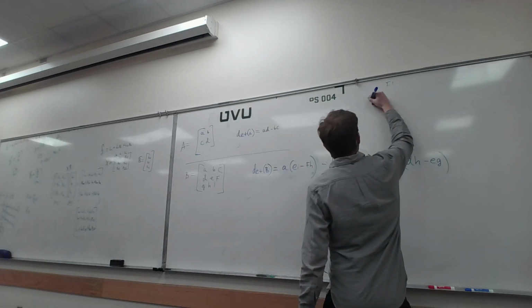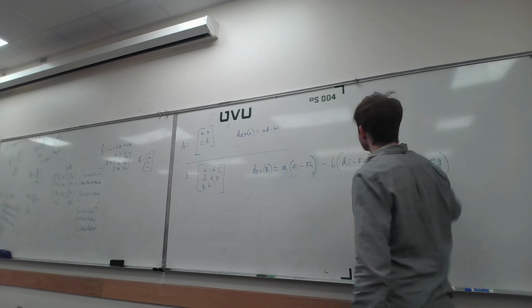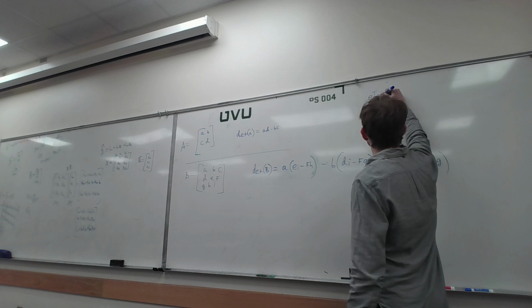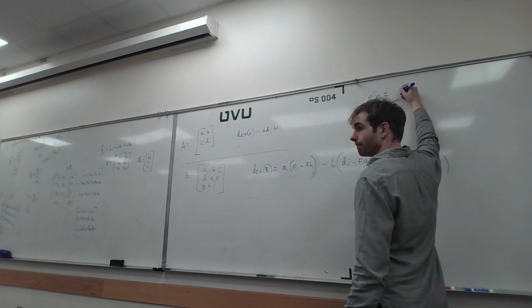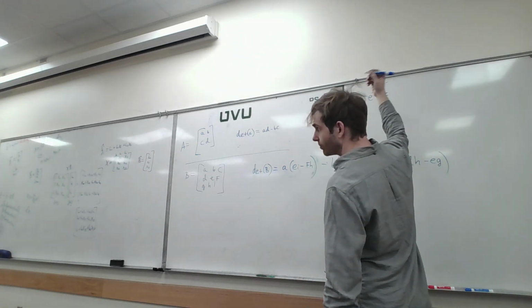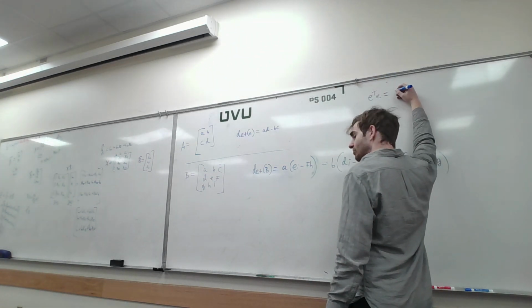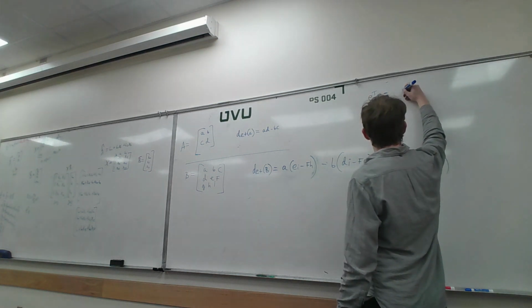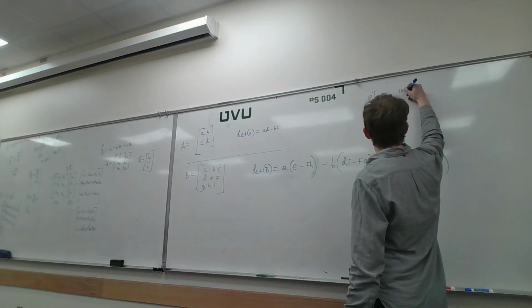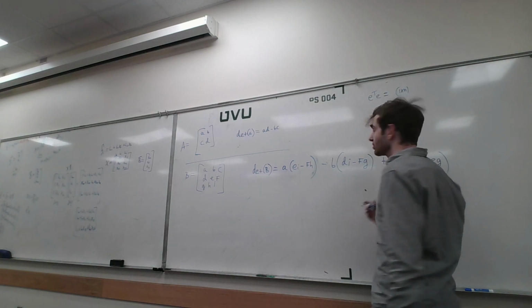If I take E transpose multiplied by E, what do I get? So E is a what matrix? It's an n by 1, which means that E transpose must be a 1 by n matrix.